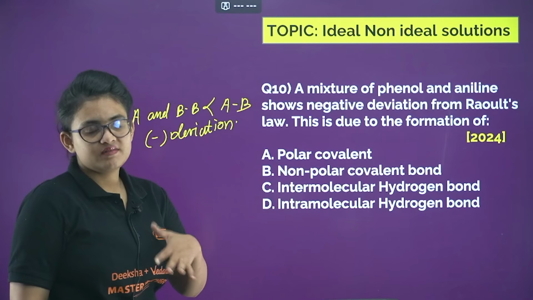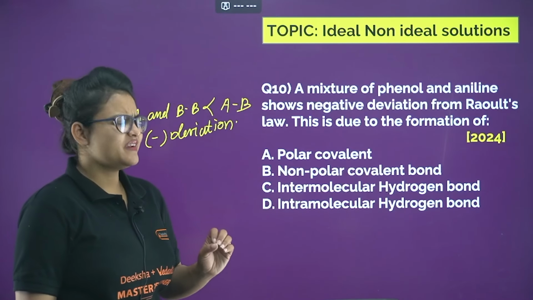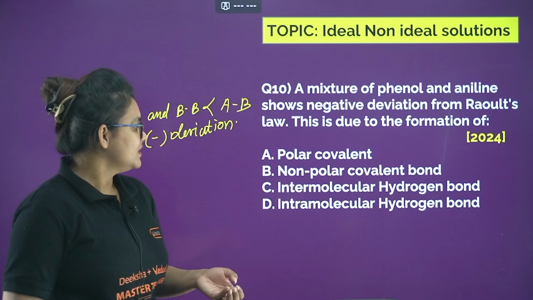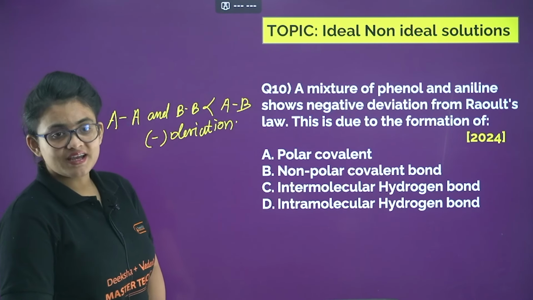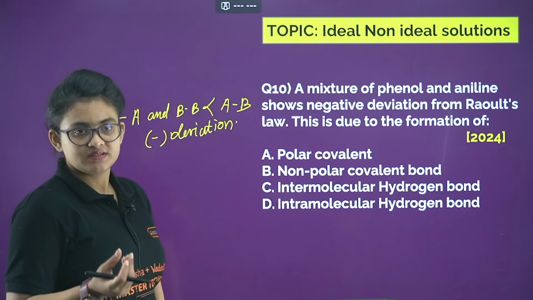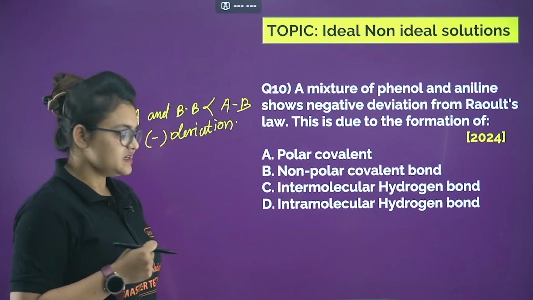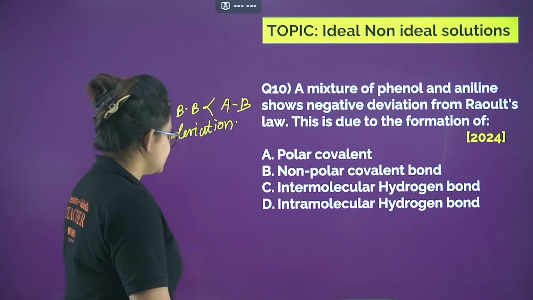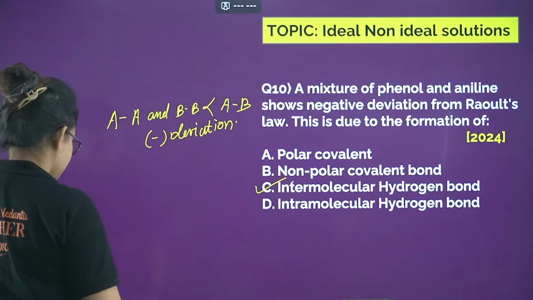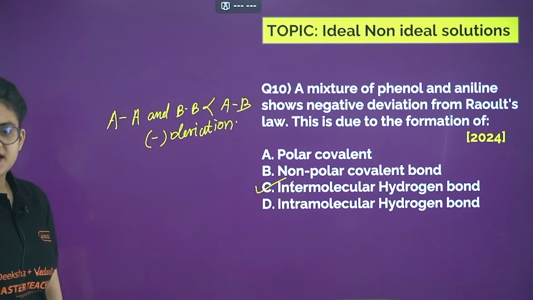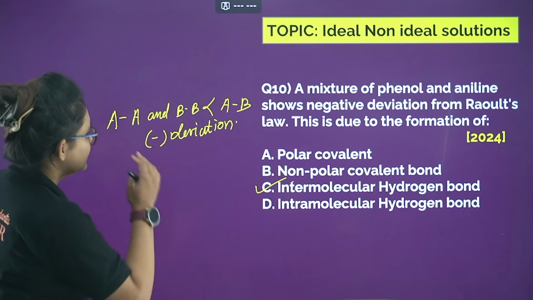As a result, the interaction between phenol and aniline in the mixture is stronger than that in the individual components. So the answer is going to be C. I guess this is an easy question. I guess you understood this. Let's proceed to the next one.